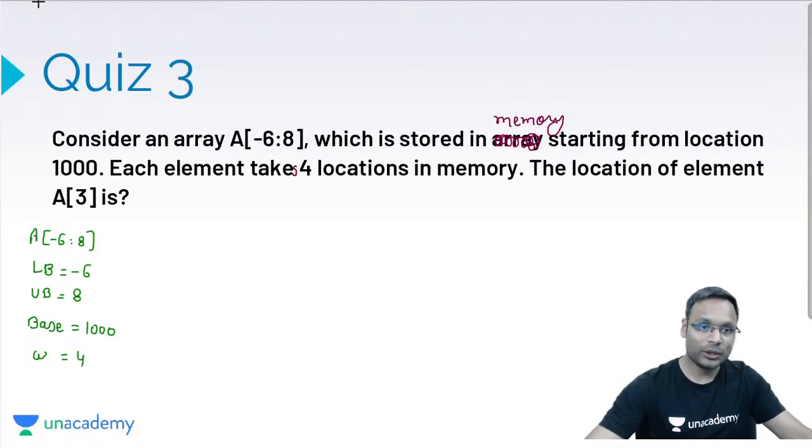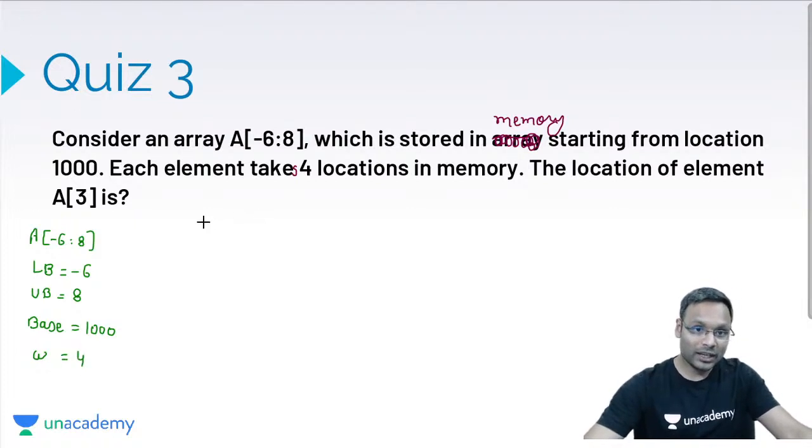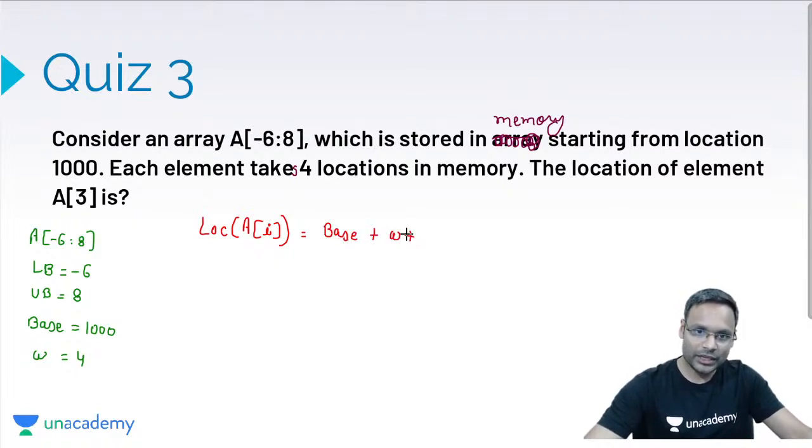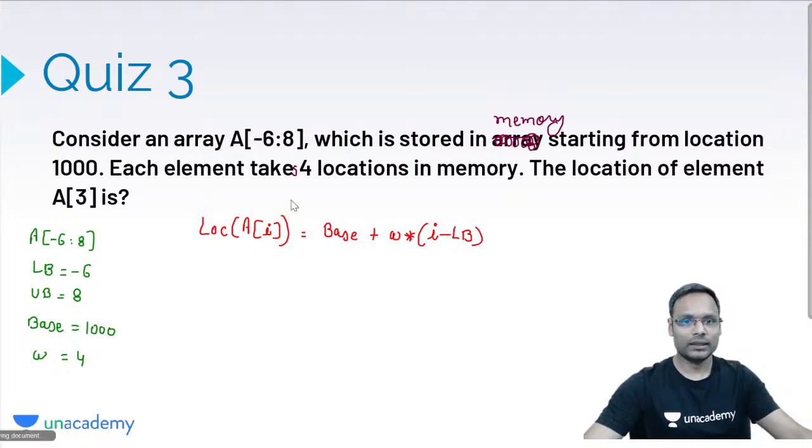Formula, remember? याद है आपको formula? Location of A of I is equal to base address plus W into I minus lower bound. ये रहा formula. Get the values.